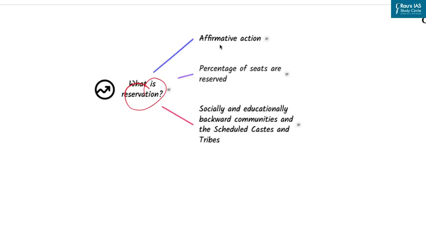Reservation is a form of affirmative action whereby a percentage of seats are reserved in government services and educational institutions for the socially and educationally backward communities and the scheduled castes and tribes who are inadequately represented in these services and institutions.